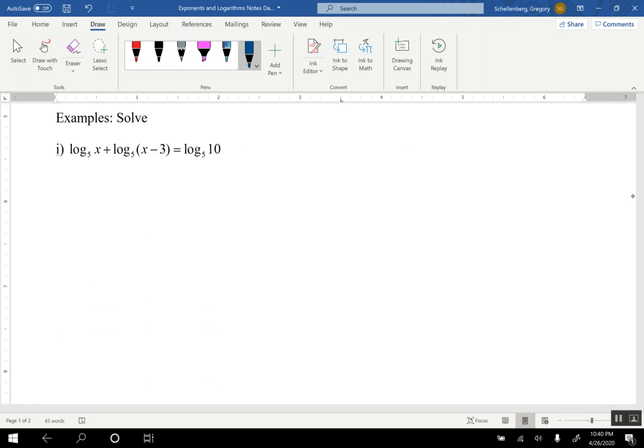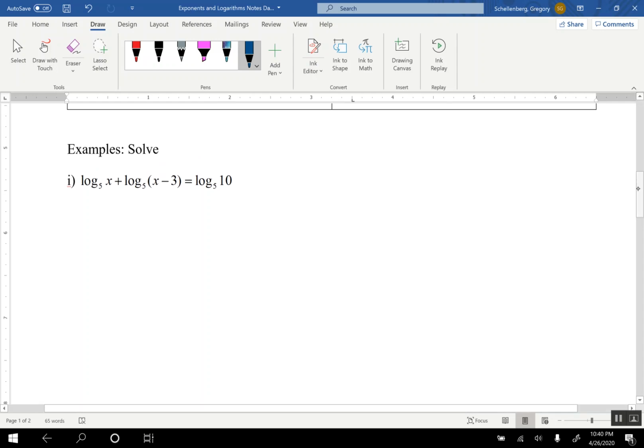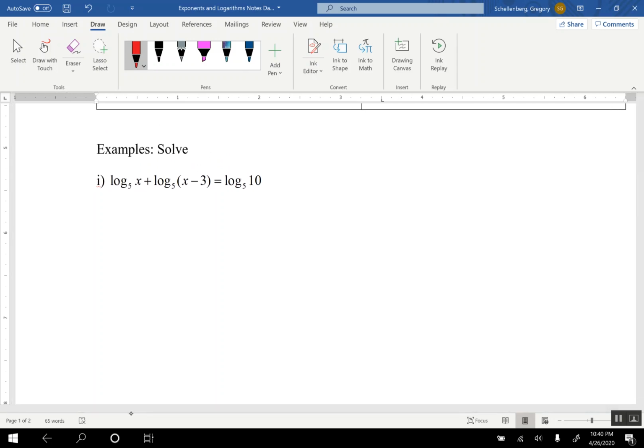So here we go. We've got log base 5 of x plus log base 5 of x minus 3 is equal to log base 5 of 10. And actually, I should say we're going to bring non-permissible values and domain into this. So one of the things that I'm going to do is just jot the domain of each logarithm above.